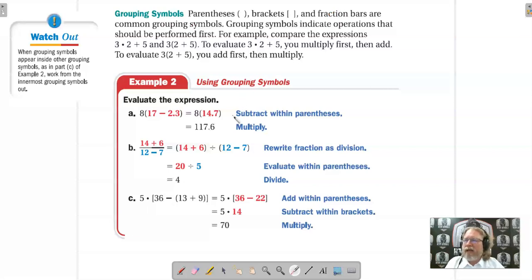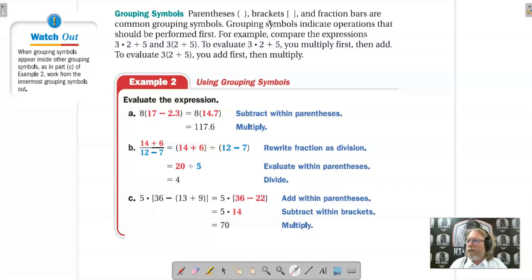Many times we don't think of fraction bars as a grouping symbol, but we should know that we have to first simplify the numerator and the denominator before we can do the division, because all fractions are division problems. So that's why they're saying that fraction bars are also a grouping symbol.